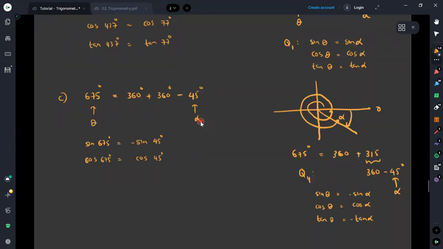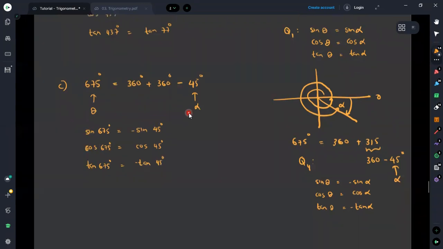Then tangent 675 degrees is equal to minus tan 45 degrees. This is how we find the associate acute angle for the quantity.